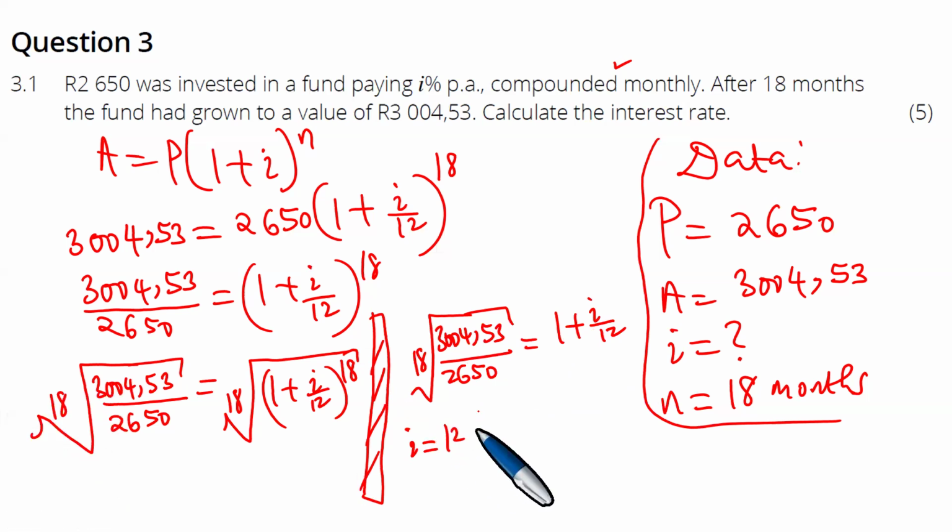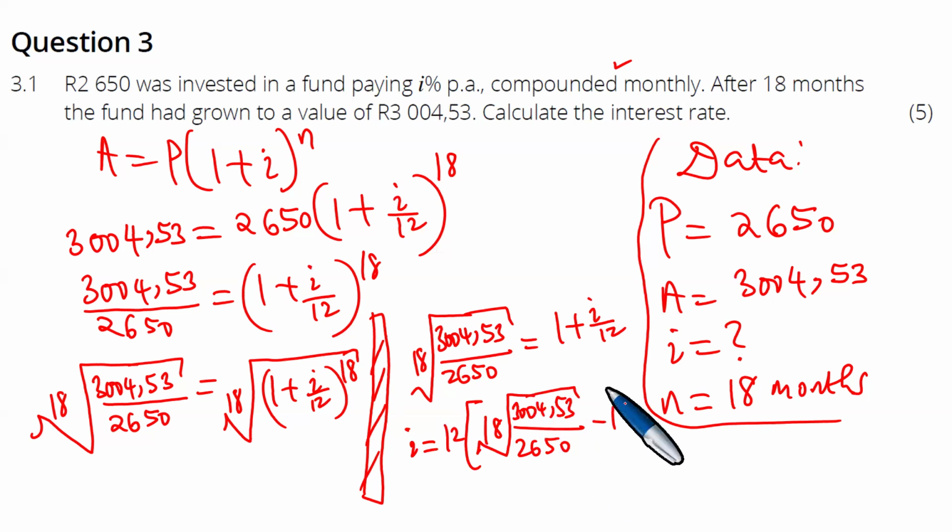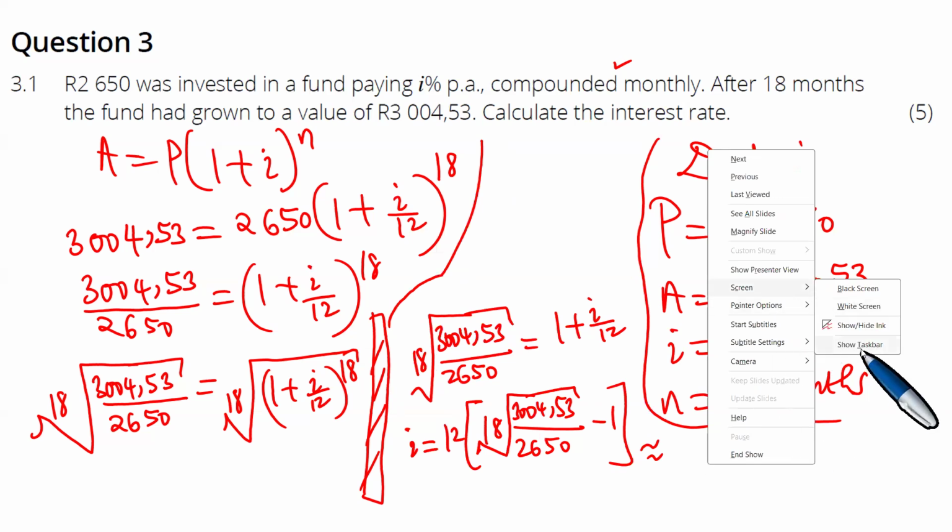So as a consequence, what this becomes is as follows. You're able to get 12, open square bracket, the 18th root of 3004.53 divided by 2650, minus 1. And now you'll be able to get the actual estimate that is required. Right, what is the estimate that is required? So let's use our calculator.